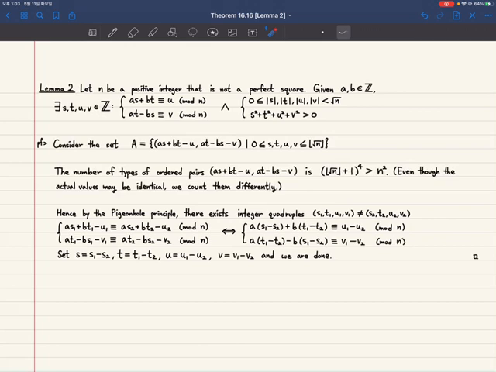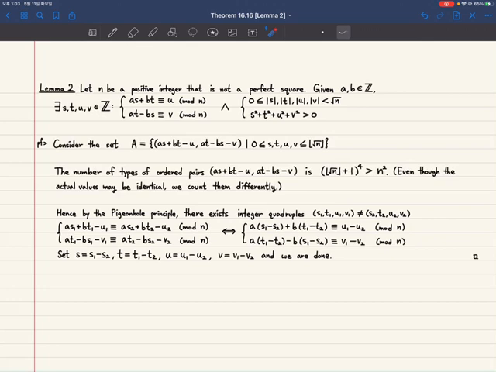So here we can see that the number of types of ordered pairs (as + bt - u, at - bs - v) is the floor of the square root of n, plus 1, to the fourth power, because s, t, u, v each have that many choices, to the fourth power.